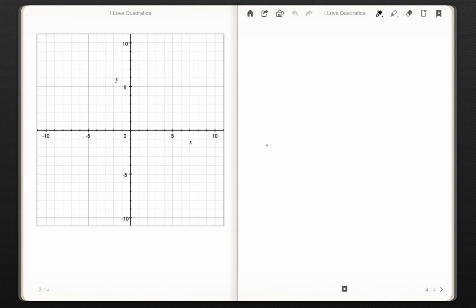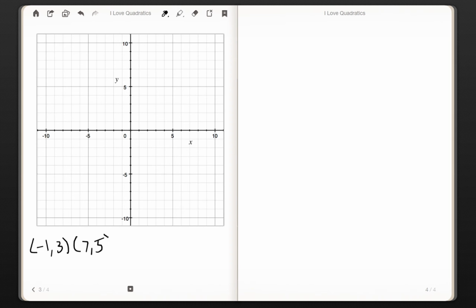Now we're going to do the same thing one more time, except this time we're going to graph it to prove that we really can, just given 3 points, this point, and this point, draw the entire graph. So the first thing you might think to do is, well, let's just plot these points so we get a general idea of where the graph's going to go through.